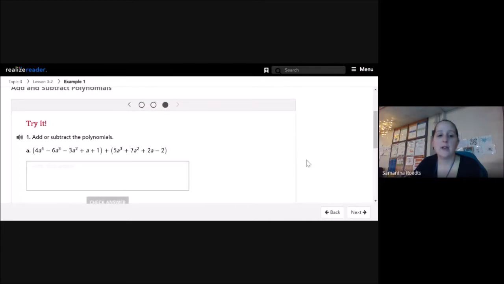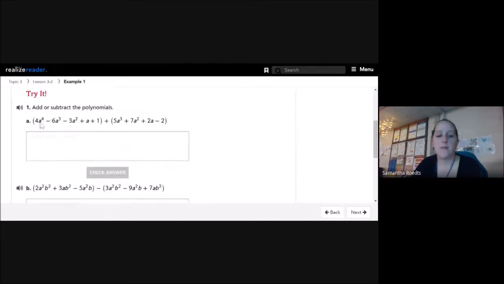All right, so let's try it out. Add or subtract the polynomials. I have 4a to the 4th minus 6a cubed minus 3a squared plus a plus 1, plus the quantity 5a cubed plus 7a squared plus 2a minus 2. The first thing I want to do is look at my like terms. I have 4a to the 4th, and nothing else with that, so it's just going to hang out.